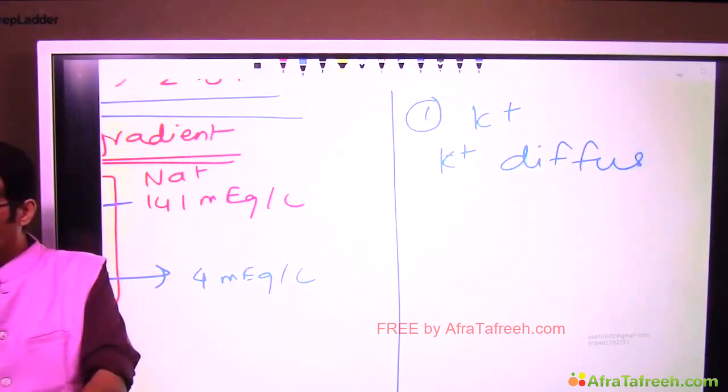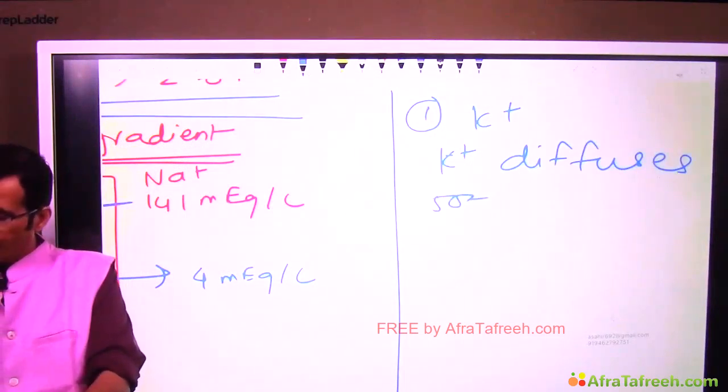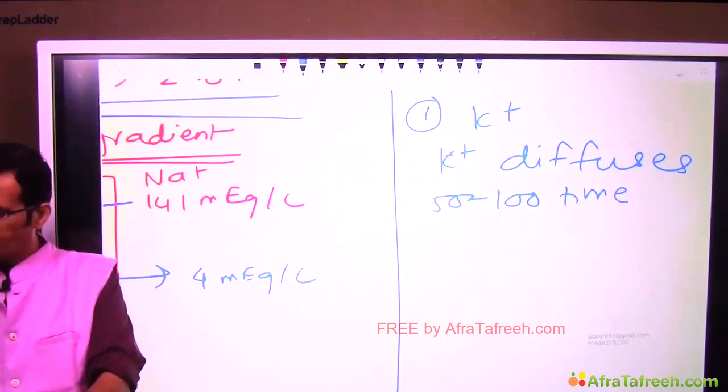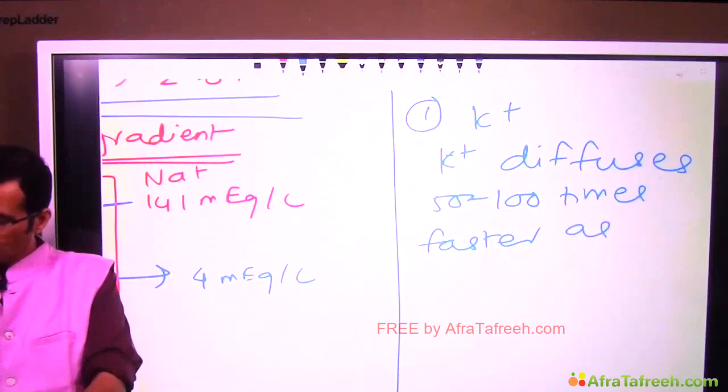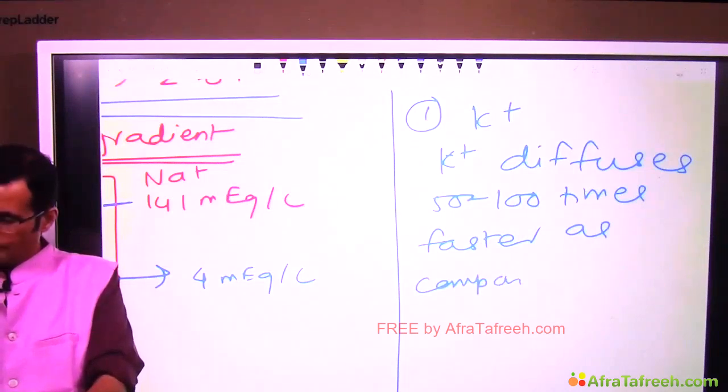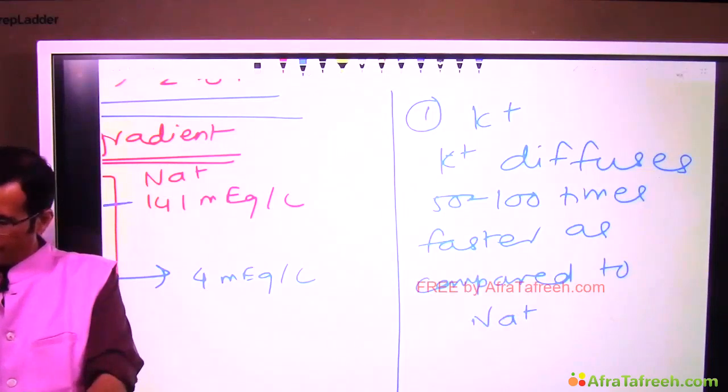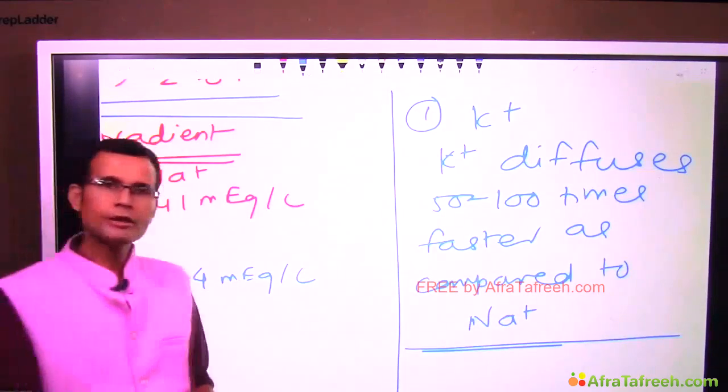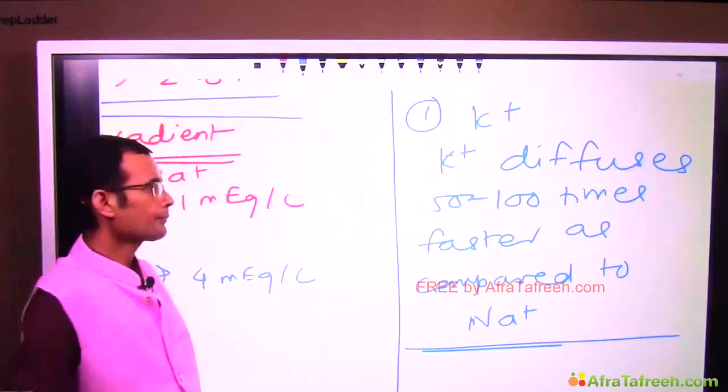Potassium diffuses 50 to 100 times faster as compared to sodium. Fine. Potassium diffusion rate is faster for any cell.